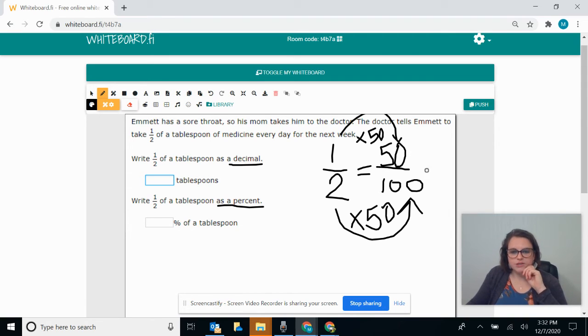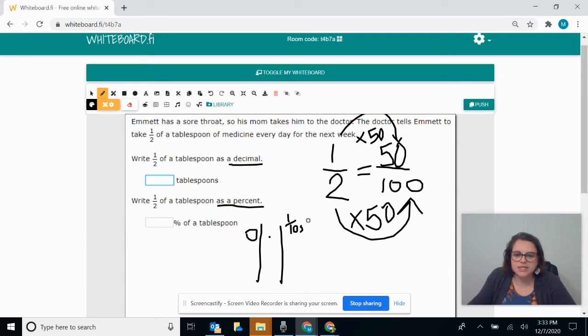What is 50 over 100 as a decimal? What you have to do is think about our place value chart, okay? I have my ones, then my decimal point, then my tenths, and this is my hundredths.